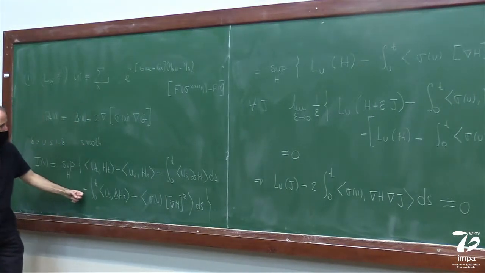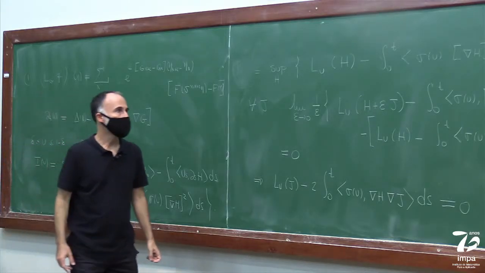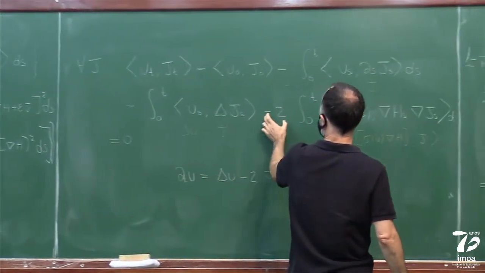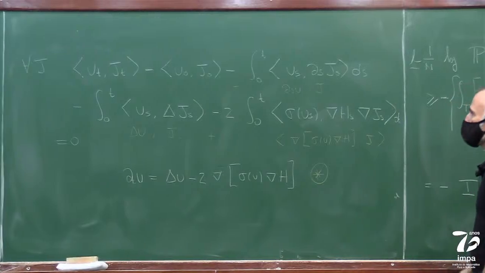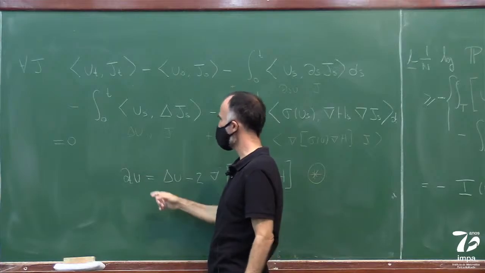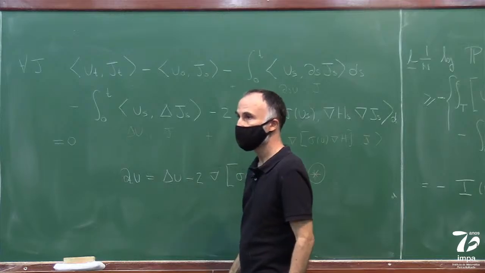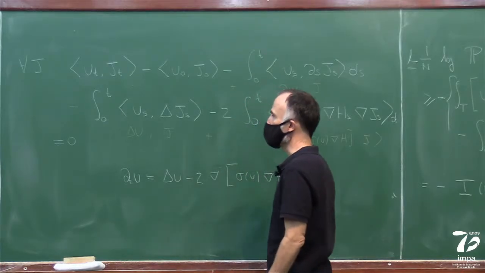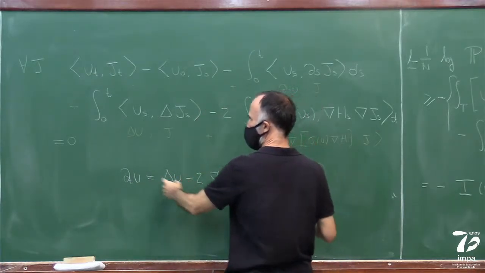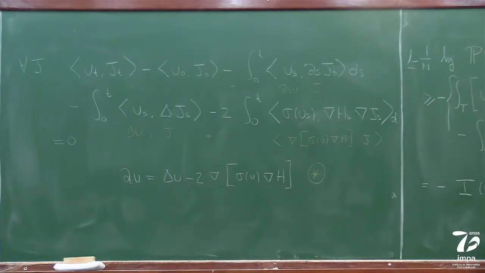Yeah, so I have a minus here and a minus here. So this minus is affecting just the first one. So here I have a minus 2. But when I integrate by parts once, it becomes a plus, while here I integrate by parts twice, so it's still a minus. Okay? And so it's minus plus, but this is equal to 0. When I put it on the other side, I get plus minus. Okay?